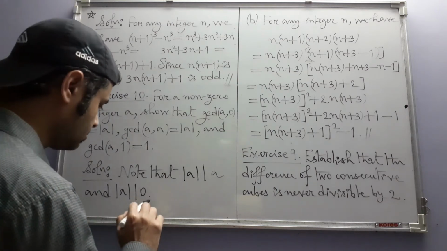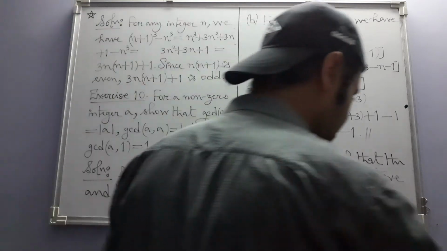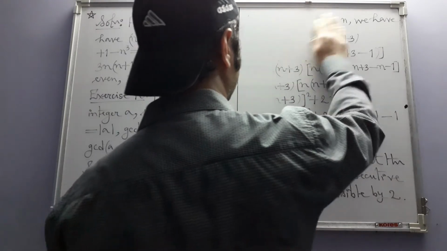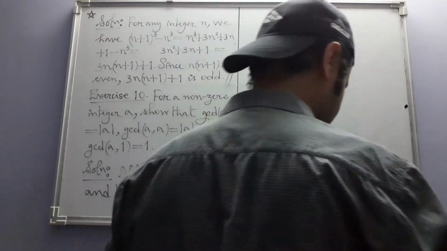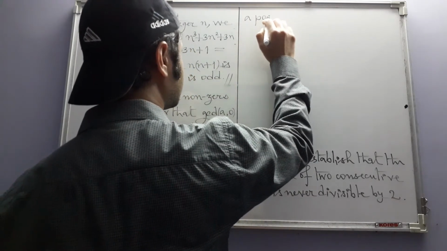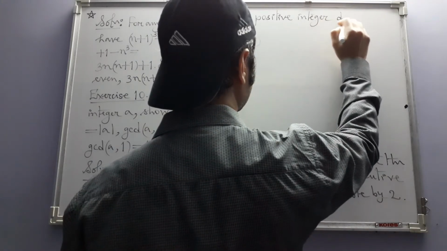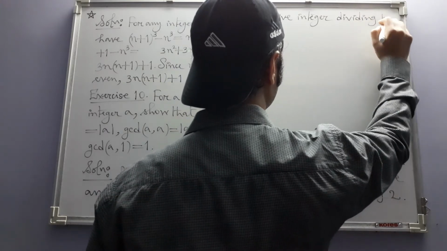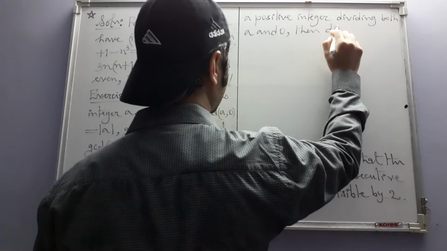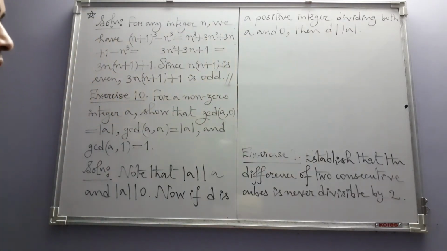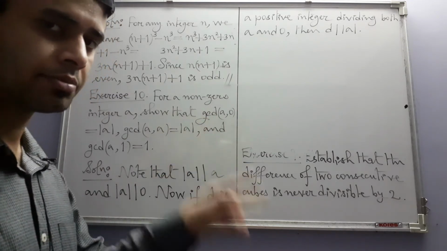Now, if D is a positive integer dividing both A and 0, then D also divides the absolute value of A. Of course, every positive integer divides 0, but in addition, if it also divides A, then it will divide the absolute value of A as well.